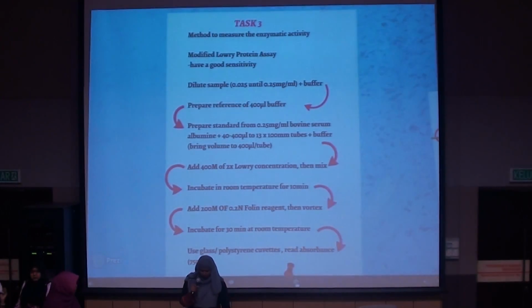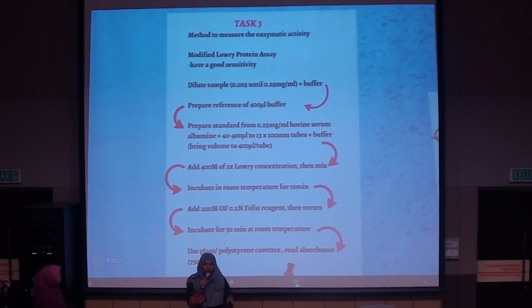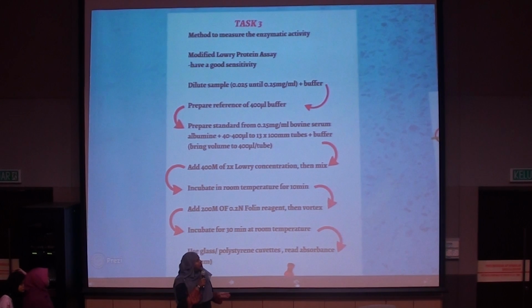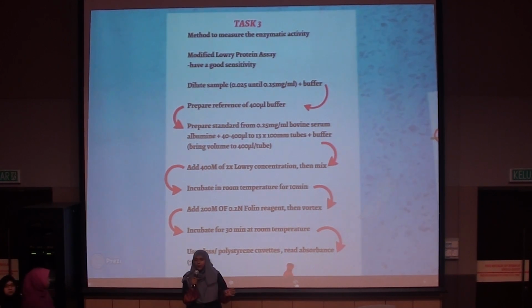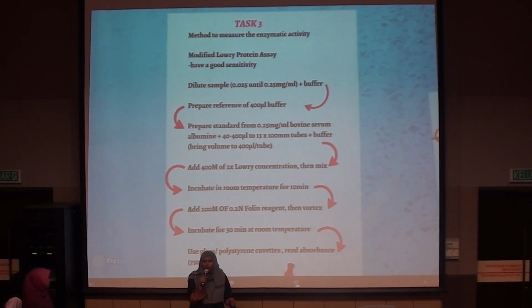Okay, so how do we measure the enzymatic activity? What protocol do we use? We use the modified Lowry protein assay. As a beginning of every experiment, you should begin with triplicates. So you need to have your own sample and also a control.